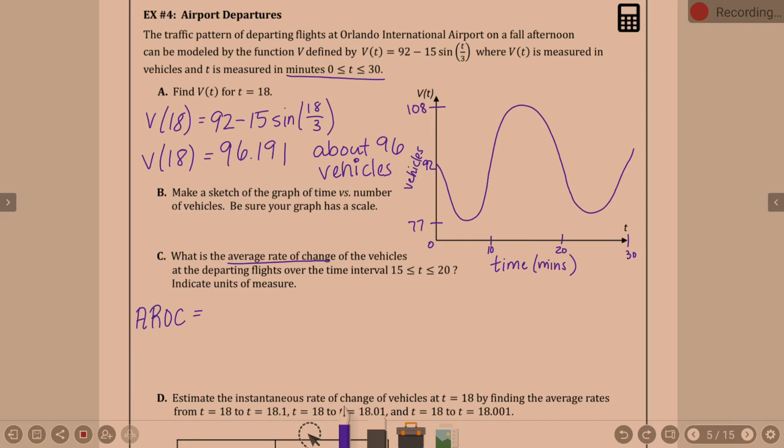V of 20 minus V of 15. Uh-huh. Right? It's like doing slope. The y minus y over the x minus x. They gave us the interval of 15 and 20. So we know our denominator is 20 minus 15. On top, you're plugging in V of 20 minus V of 15. Okay?